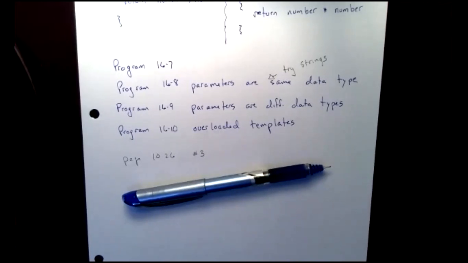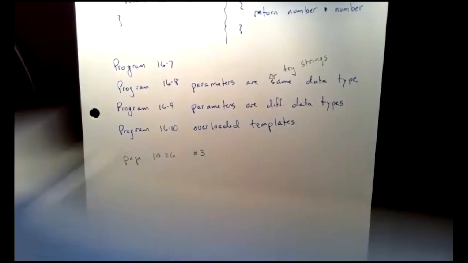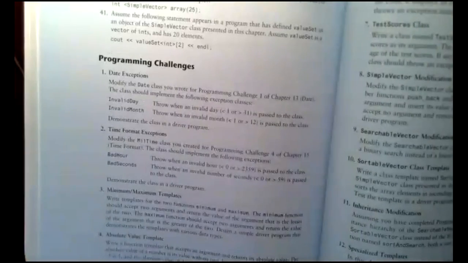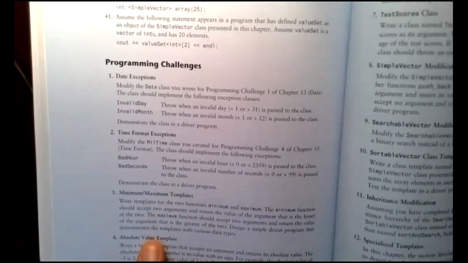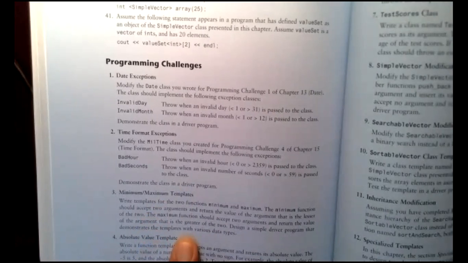Put a driver program in. This is in the Gaddis book, page 1026, the min and max templates. Write templates for 2 functions. The min function should accept 2 arguments and return the value that's the lowest. The max should accept 2 arguments and return the greatest.